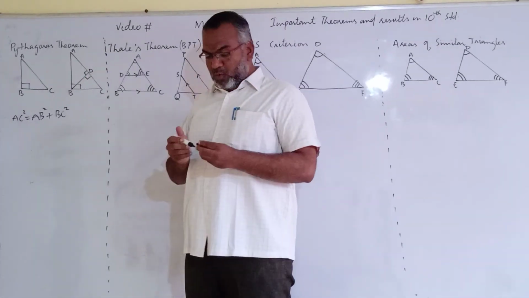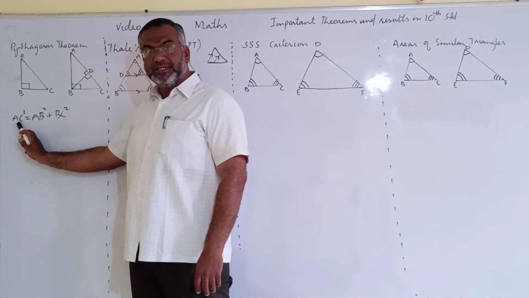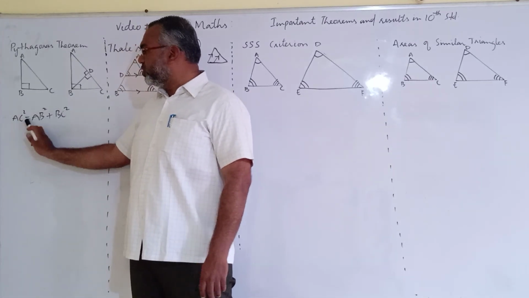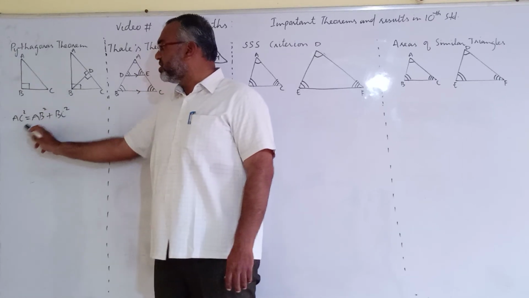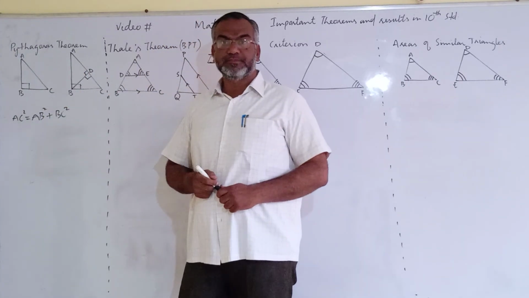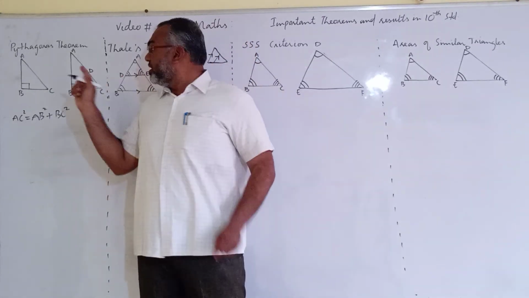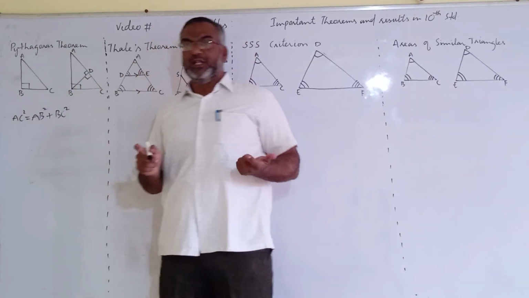What happens here? In Pythagoras theorem, we wrote hypotenuse square is equal to the sum of squares of the other two sides, AB and BC. If I want to write a result in which AB square equals what?